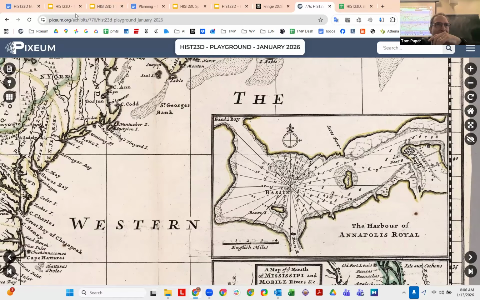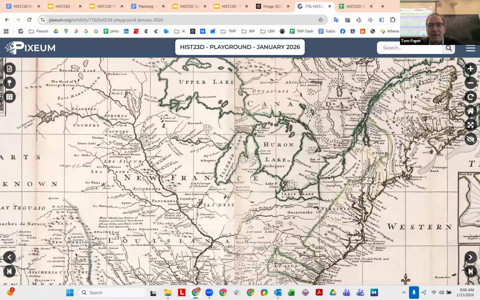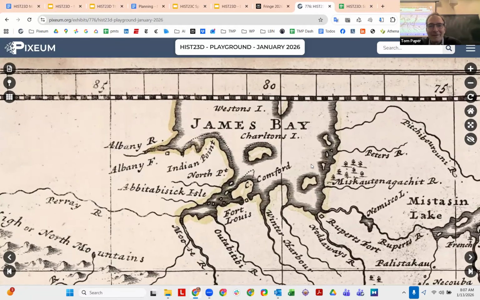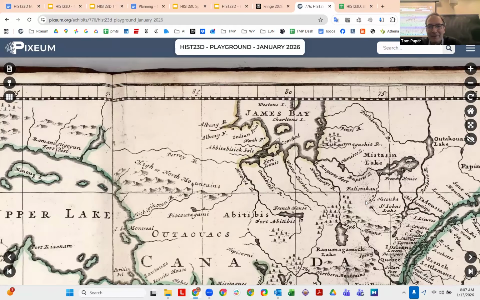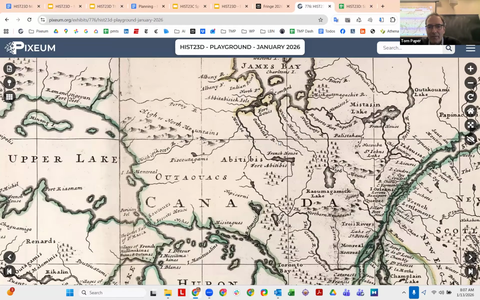I just have one quick clarifying point. It says James Bay, if you go towards the north in Canada. It doesn't really define where it says it's English controlled, and it doesn't define where the line is between France and England. Do you have any clarifying information, or do we just assume that James Bay is under the control of England?